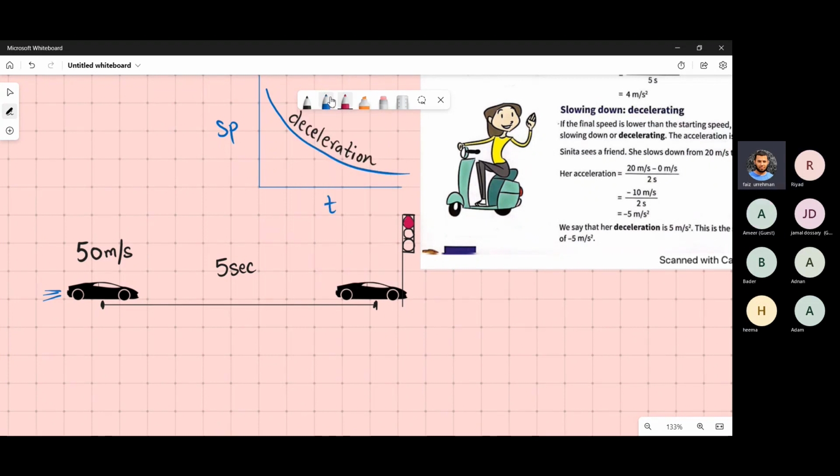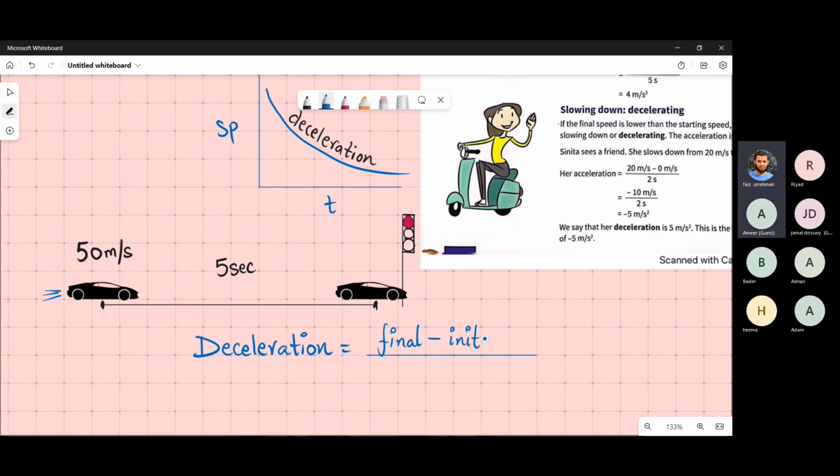Okay, so we are going to solve deceleration. Deceleration is what? It is final minus initial speed over time.